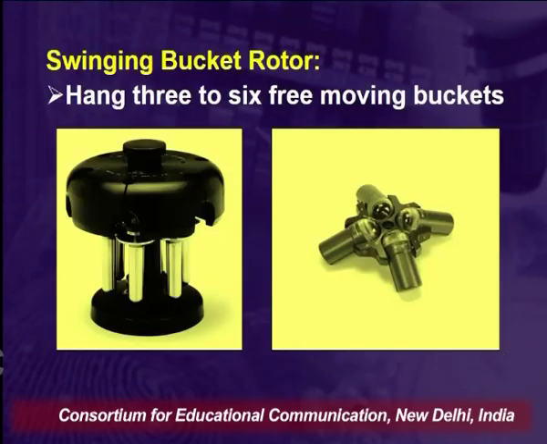Swinging bucket rotors have 3 to 6 free moving hanging buckets. As in the first image, this is a swinging bucket rotor where the buckets hang, and when the centrifugal force is applied, the buckets go to the perpendicular position, up to 90 degrees, and then sedimentation happens in the tube.